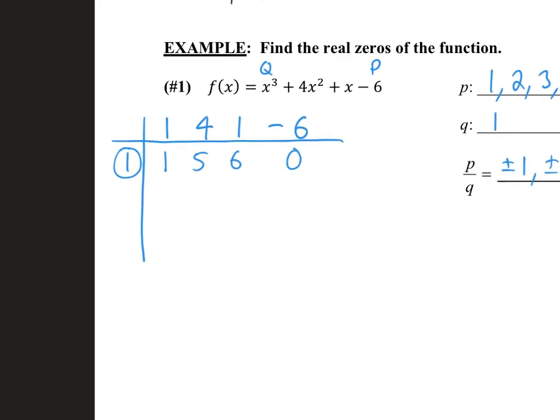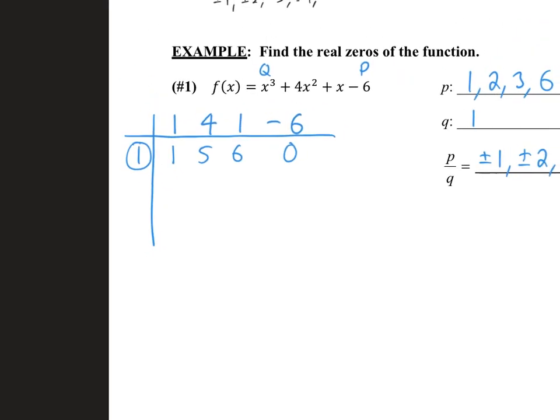So now what we can do is rewrite this. We have our remainder of 0, and we're going to have 6. Remember, we work backwards here. This is the constant, 5x is the first degree, and x squared is the second degree. So when we divide it, that's what's left over.